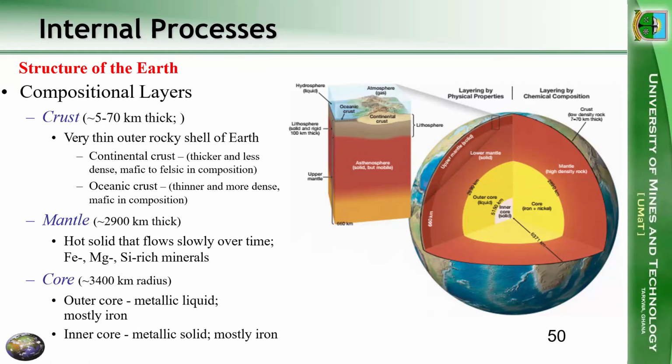Then we can talk about the core. There are two parts: the outer core and the inner core. The outer core is made up of essentially molten iron and nickel, whereas the inner core is made up of solid iron and nickel. The composition of the core is iron and nickel.